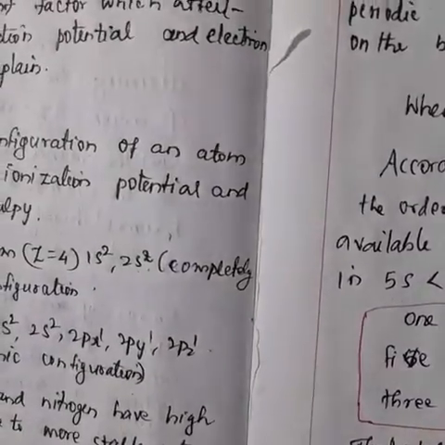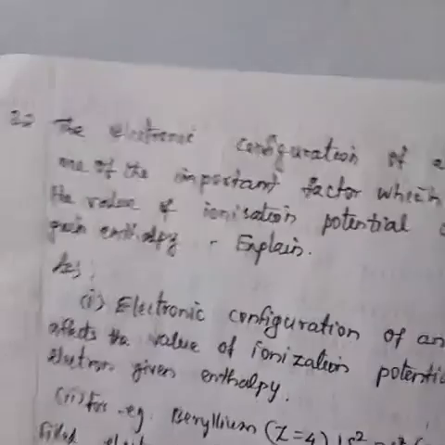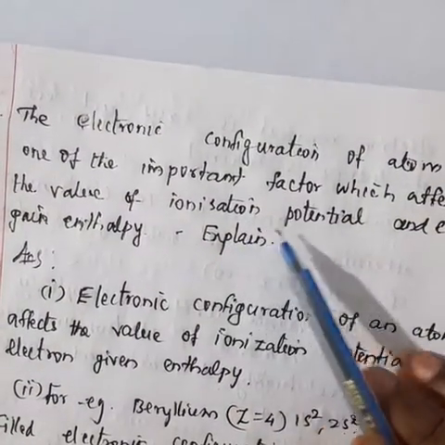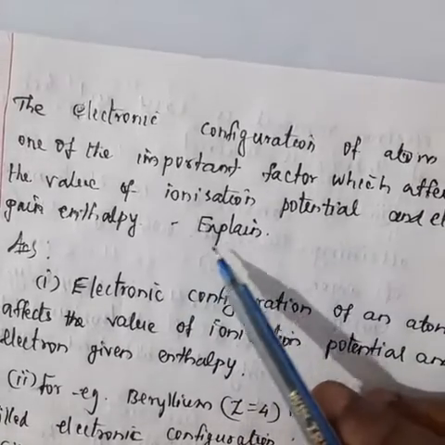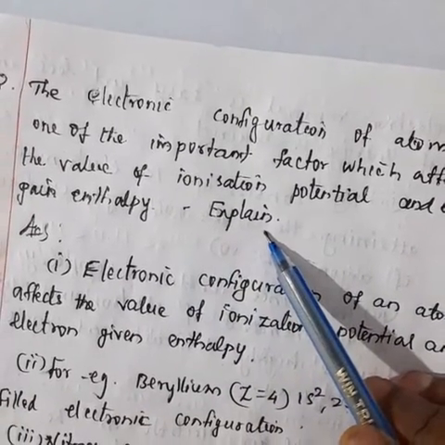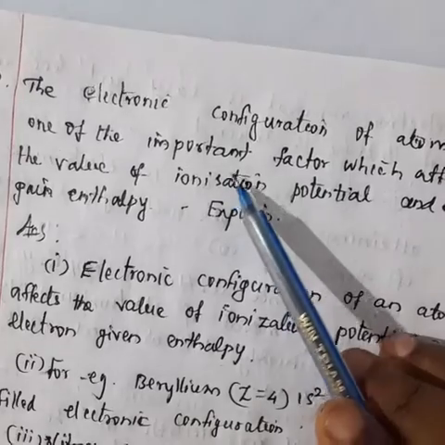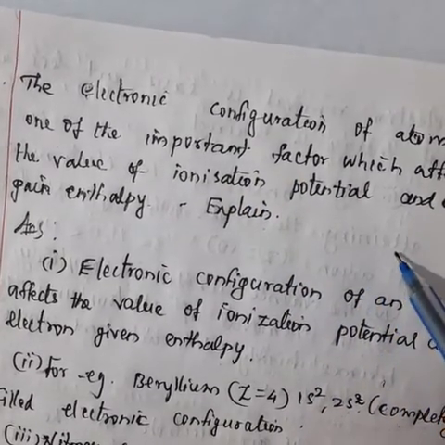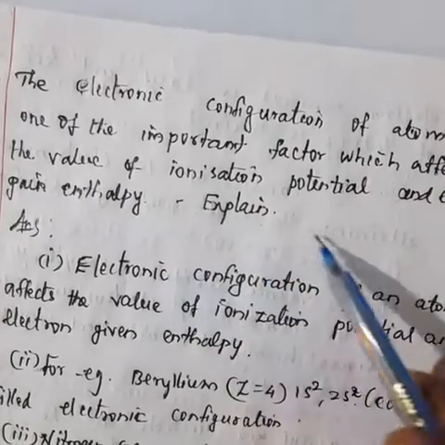The electronic configuration of an atom is one of the important factors which affect the value of ionization potential and electron gain enthalpy. Explain.